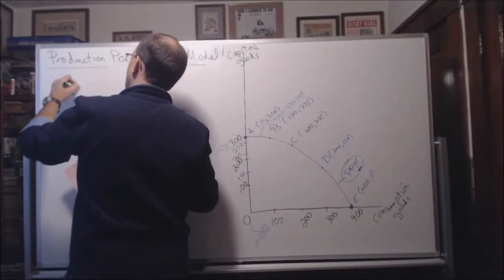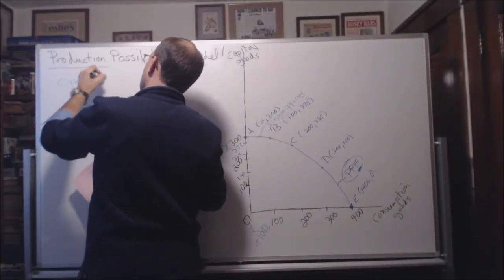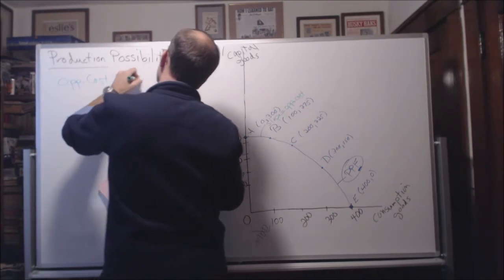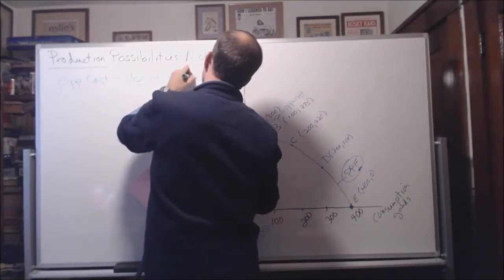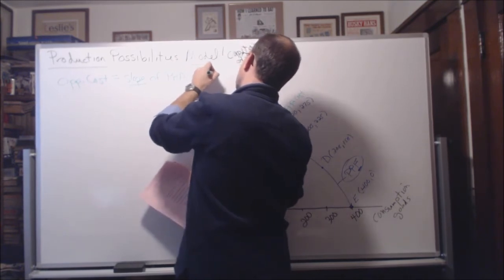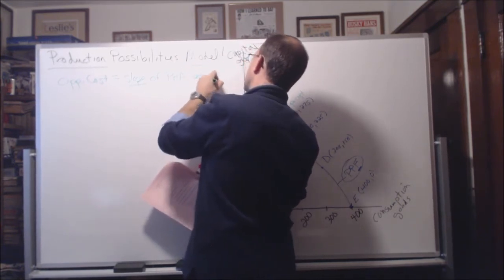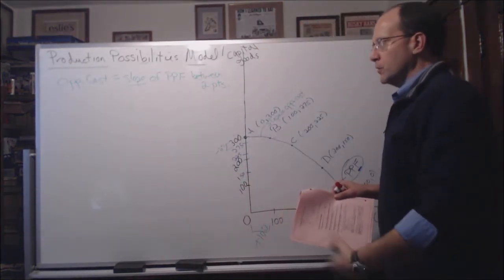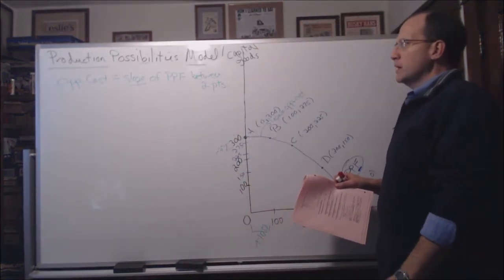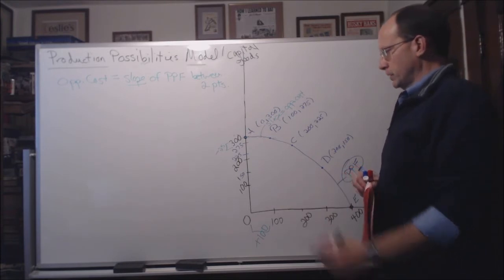Opportunity cost equals the slope of the production possibility frontier between any 2 points. Opportunity cost is the slope, the rate of trade-off of the PPF between 2 points.